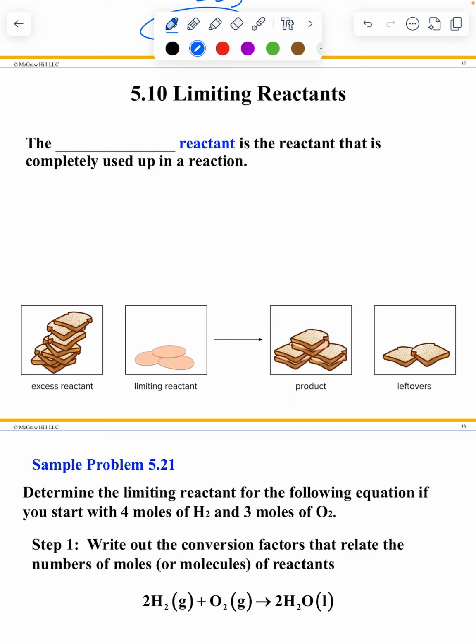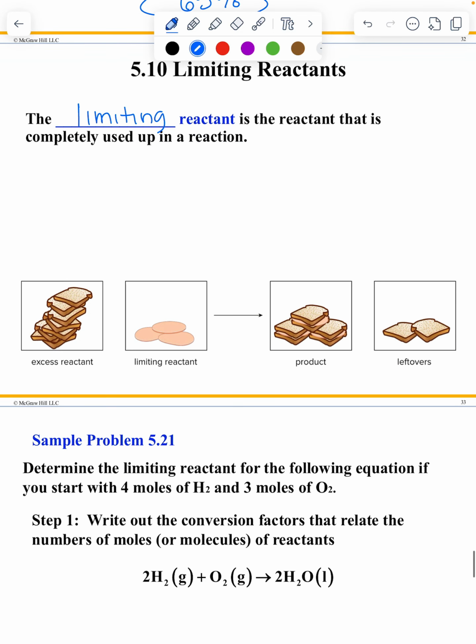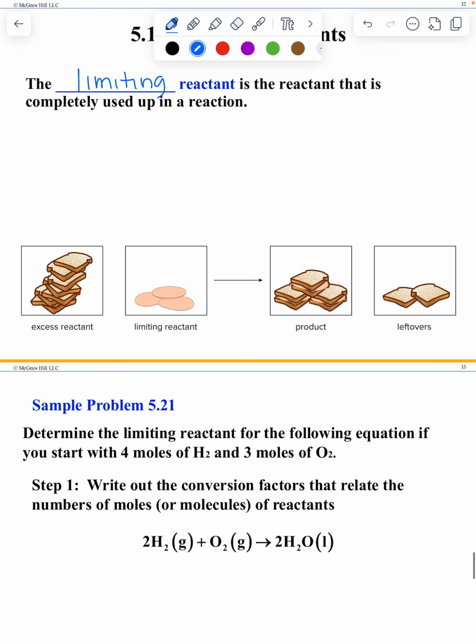And so we know that when we are making a sandwich, we need 2 pieces of bread and typically 1 piece of lunch meat. And so if we look at our ingredients here, I'm counting 1, 2, 3, 4, 5, 6, 7, 8 pieces of bread. And we have 3 pieces of lunch meat.